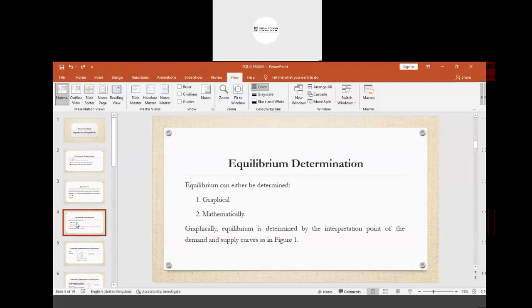There are two ways that we can determine equilibrium: graphically, and mathematically. We shall look at both.